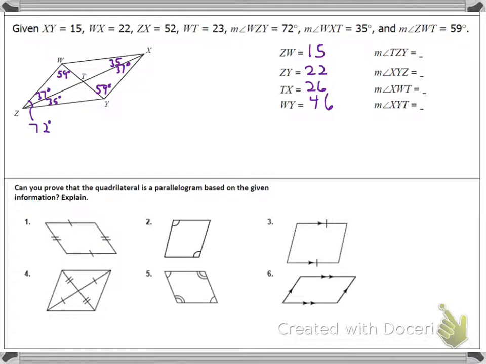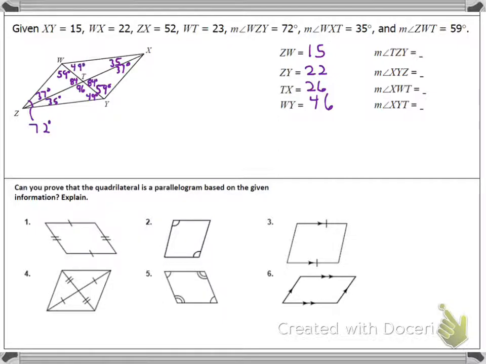So 59 and 37, if I combine those together and subtract them from 180, I get 84 degrees for these two angles, also using vertical. I can then subtract that from 180, and I get 96, and I could say, well, 96 plus 35, subtract that from 180, and I get 49 degrees for these two.